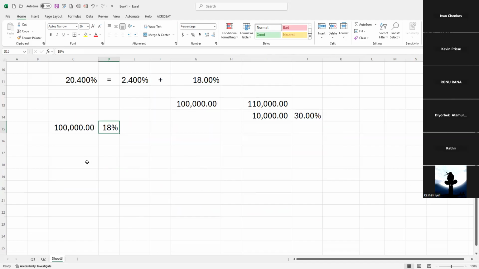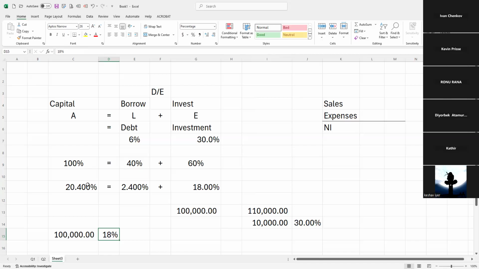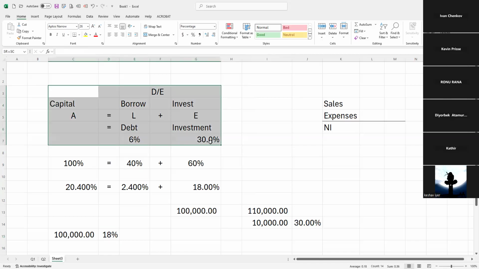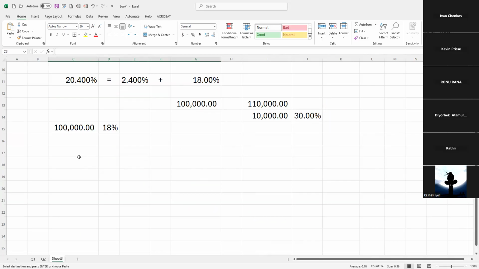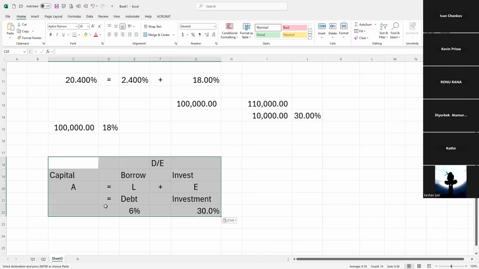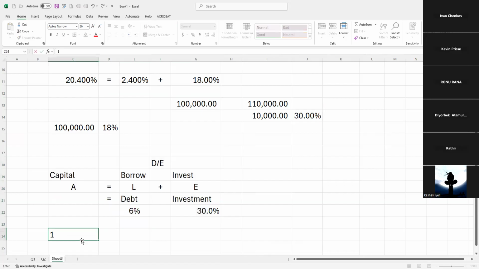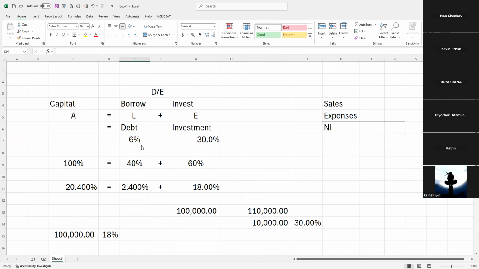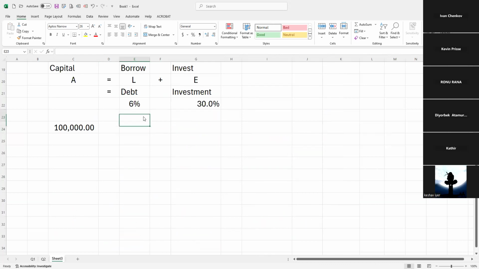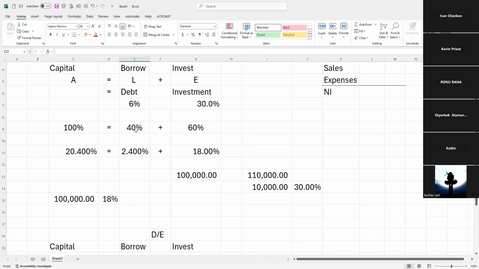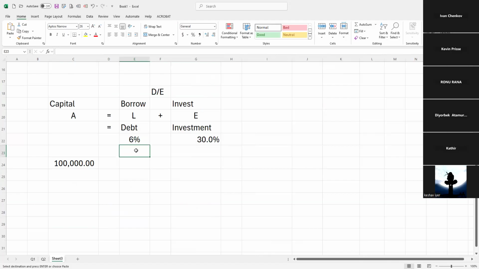So let's put this with numbers to see if these numbers make sense. This is our structure, right? So let's say our capital is $100,000. How much should my debt be in that case? If my ratio on debt is 40 to 60, I'm still keeping the same capital structure.